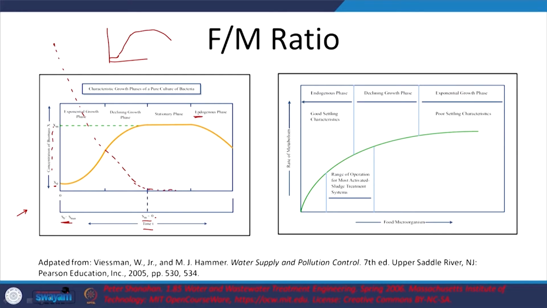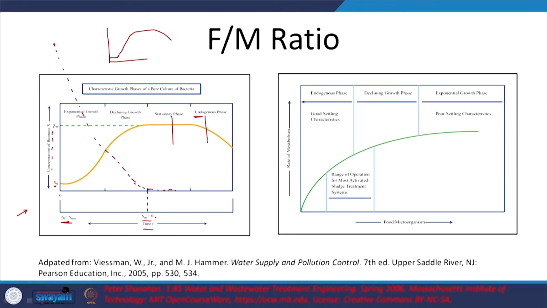I think we have the pictures again from MIT Open Courseware. So, these slime layers, I guess, help in forming flocks and maybe the bacteria sticking together, if I can use layman's terms. So, if you can see to it that your particular microbial population is in this phase, you are going to have good sludge and sludge settling characteristics.